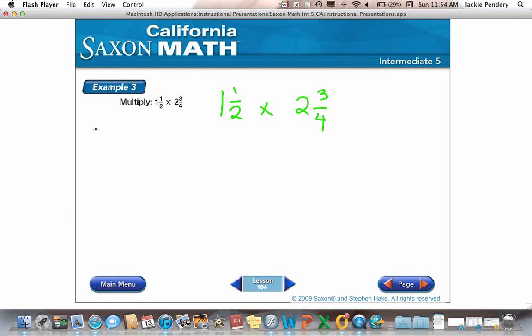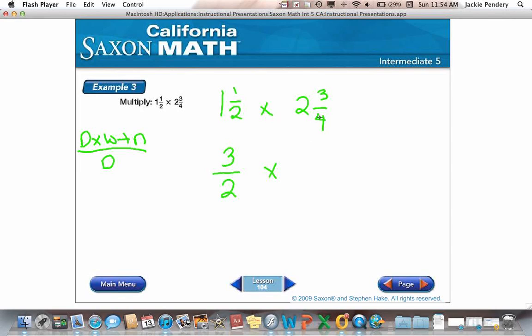Following the formula I just gave you, we do the denominator times the whole number plus the numerator, and we put all of that over the denominator. So 2 times 1 is 2, plus 1 equals 3, and we put all of that over the denominator of 2. So 1 1/2 equals 3/2.